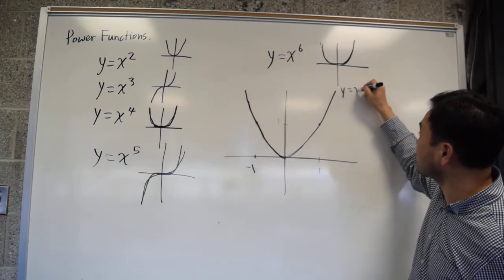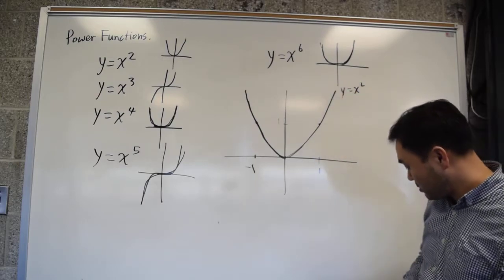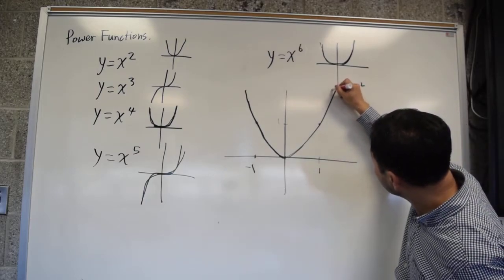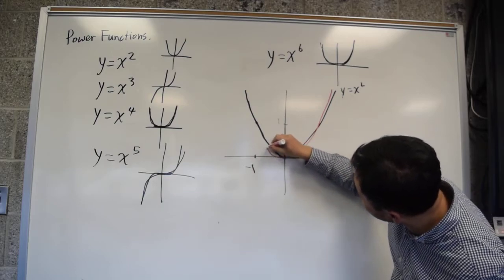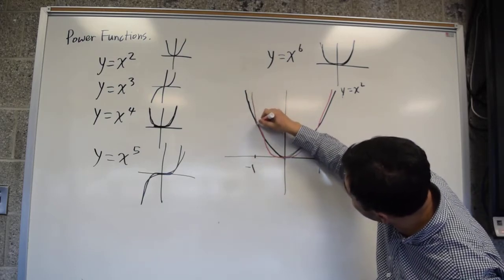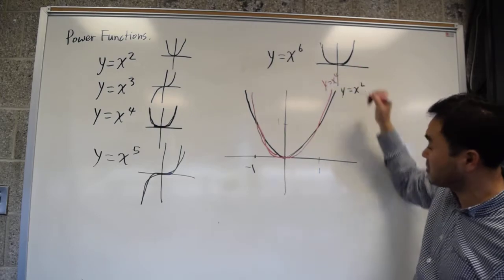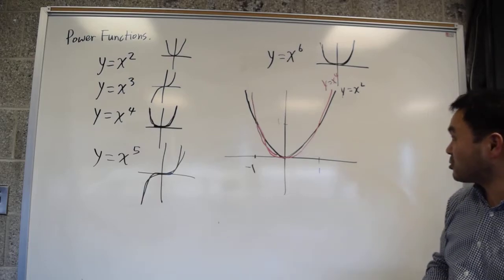Y equals x to the fourth will be, maybe I'm going to use red. This will be y equals x to the fourth. I only have red and black, so again I have to use the black one.